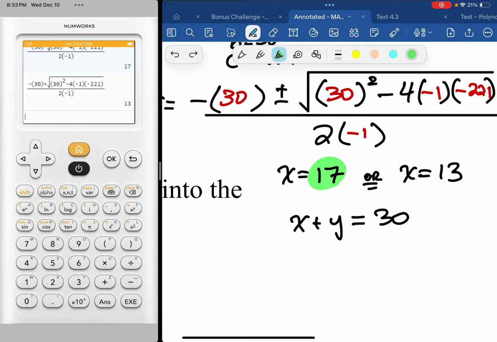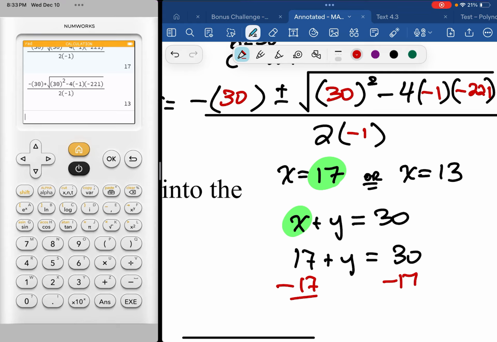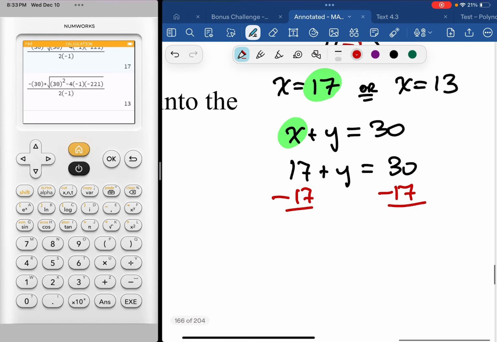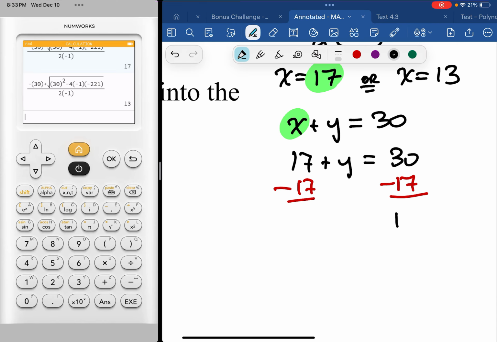Oh, I highlighted the wrong thing. So 17 plus y equals 30. The y value that goes along with that would be 13. If I did the same thing by plugging in a 13 for x, I would get a 17 for y.